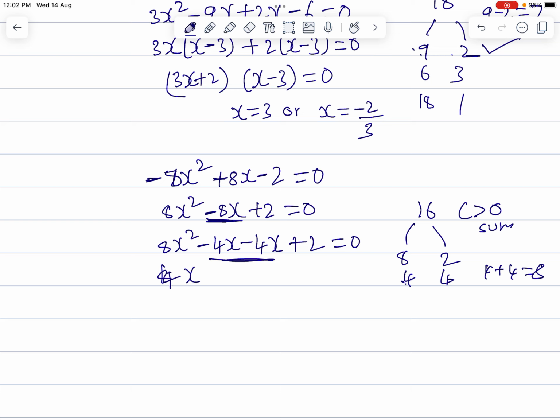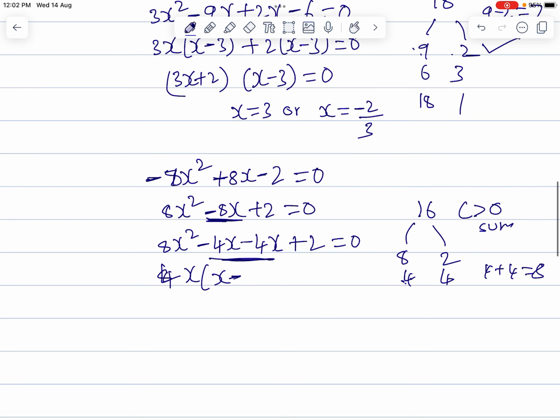Taking 4x as common, 4x into 2x minus 1, minus of 2 as common, 2 into 2x minus 1 equal to 0.